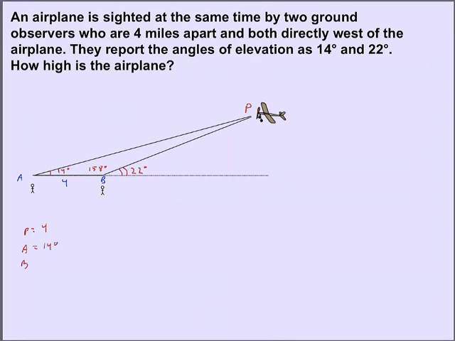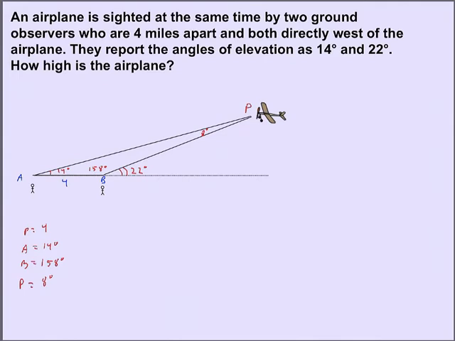Angle B is 158 degrees. Looks like, wait, we don't have an angle-side pair. But remember, when you have two angles in the triangle, you have the third also. If 158 and 14 degrees add up to 172, that means the last angle in there is only 8 degrees. So angle P is 8 degrees, and we do have the angle-side pair of angle P and side P.